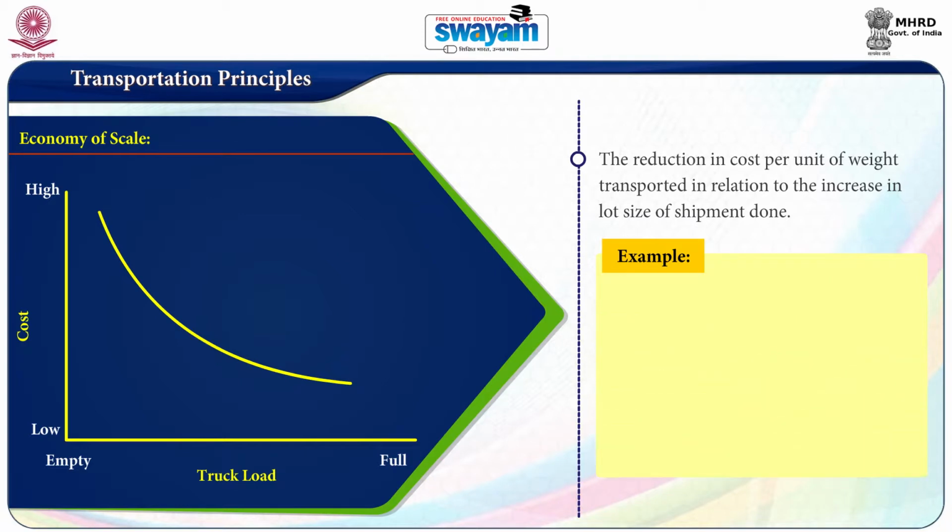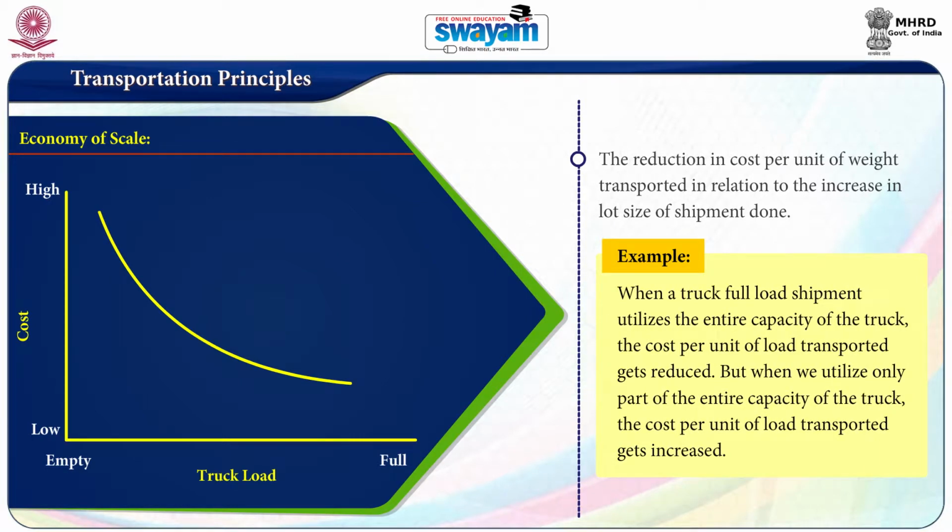For example, when a truck full load shipment utilizes the entire capacity of the truck, the cost per unit of load transported gets reduced. But when we utilize only part of the entire capacity of the truck, the cost per unit of load transported gets increased.